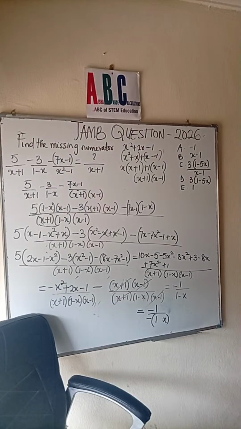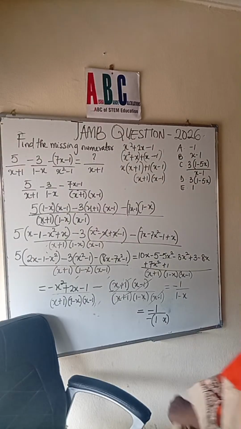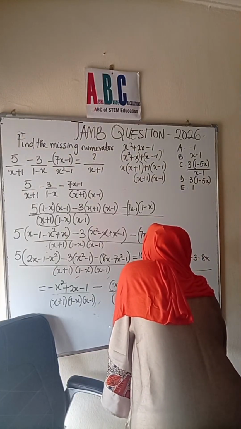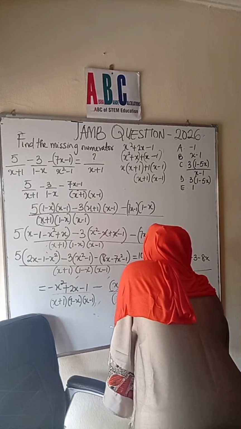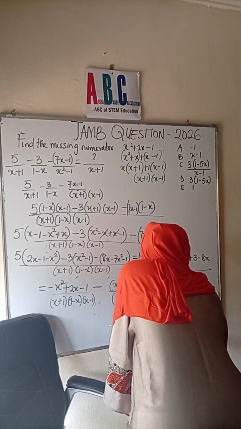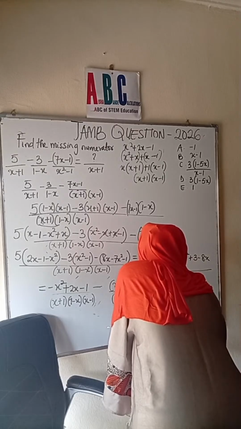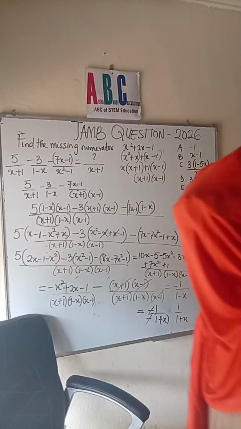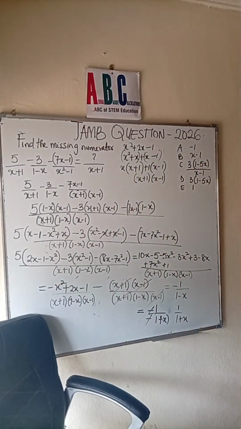Okay, Jake says we have minus 1 plus x. Okay, this becomes minus 1 plus x. If you factorize minus from here, this becomes minus 1 plus x. So can we now say that the minus, you cancel the minus here, and this becomes 1 over 1 plus x? Mathematically, is it correct?